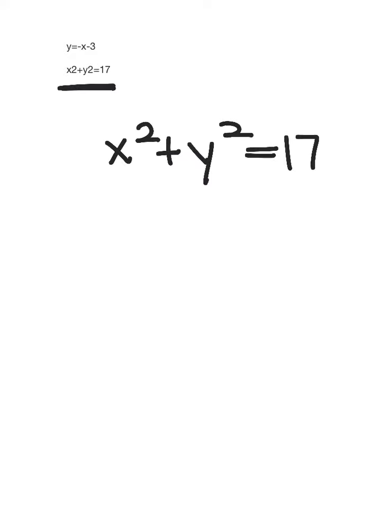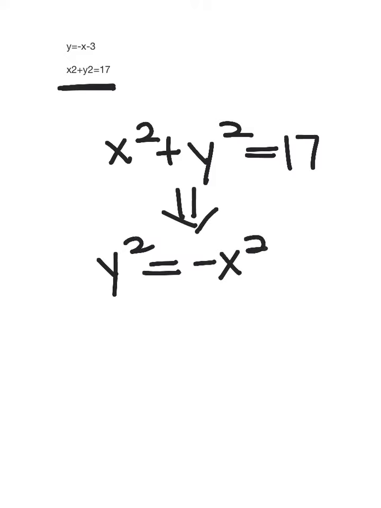To do that, you would take the second equation, x squared plus y squared equals 17, and then change it so that it would become y squared equals negative x squared plus 17.